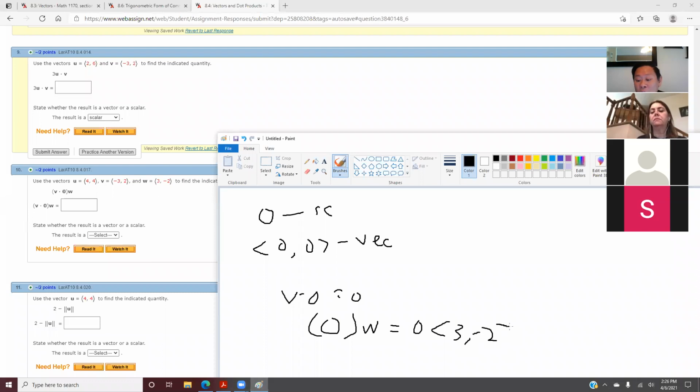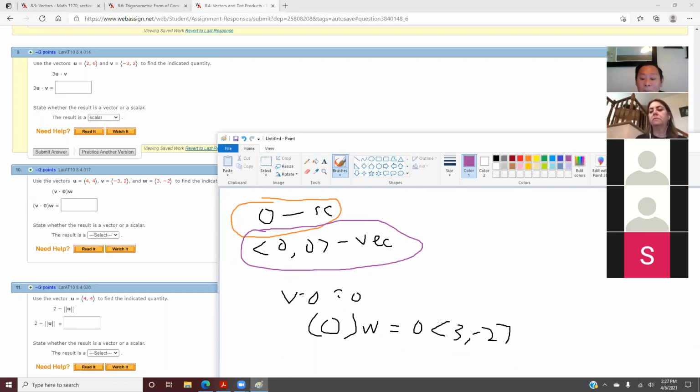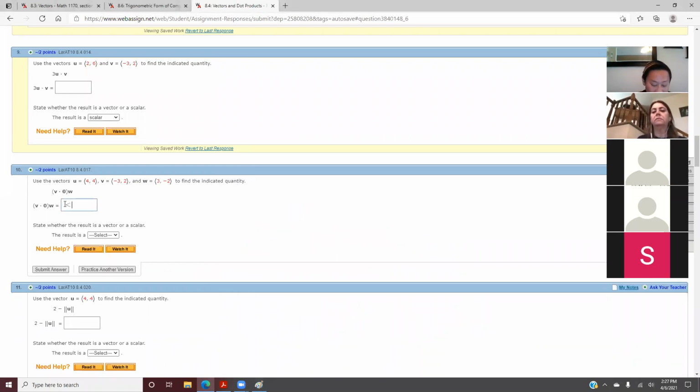So actually you end up with the 0 as a scalar form, or you end up with the 0, 0 as a vector form. Vector form? Yep, because when you multiply the 0 inside, you actually end up with a vector form. So this answer, you should have 0, 0 in a vector form. And it is a vector in this case.